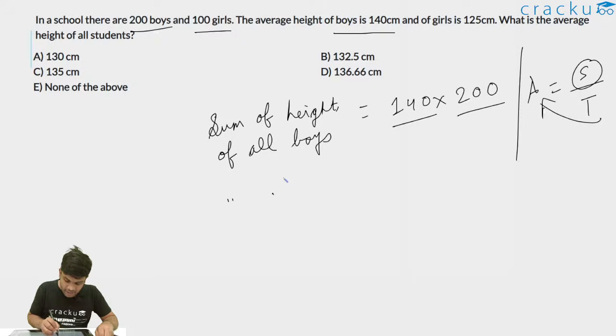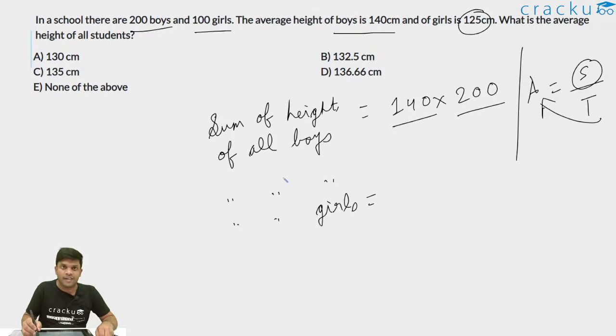Now again, if we calculate the sum of height of all girls, the average height of girls is 125 and the number of girls is 100. So it will be 125 into 100. Okay. So this is the sum of height of all the boys, which is 140 into 200.